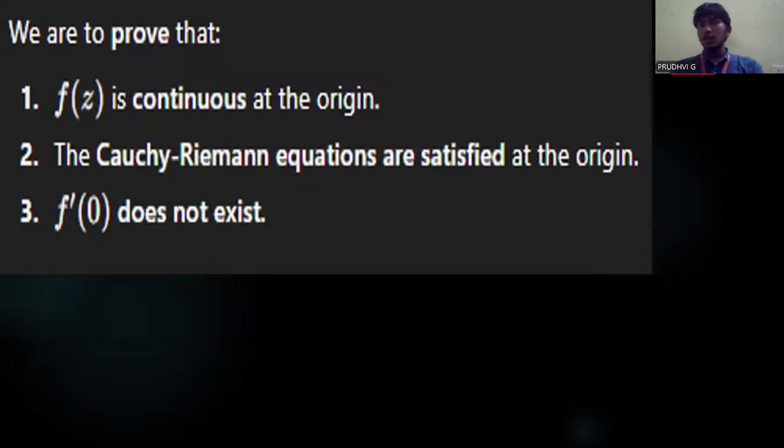The first thing: f of z is continuous at the origin. Second, the Cauchy-Riemann equations are satisfied at the origin, where x equals 0, y equals 0. It's not a condition, it's a thing which we need to prove. And third, the first order differentiation with limit as 0 does not exist. We need to prove all these three.